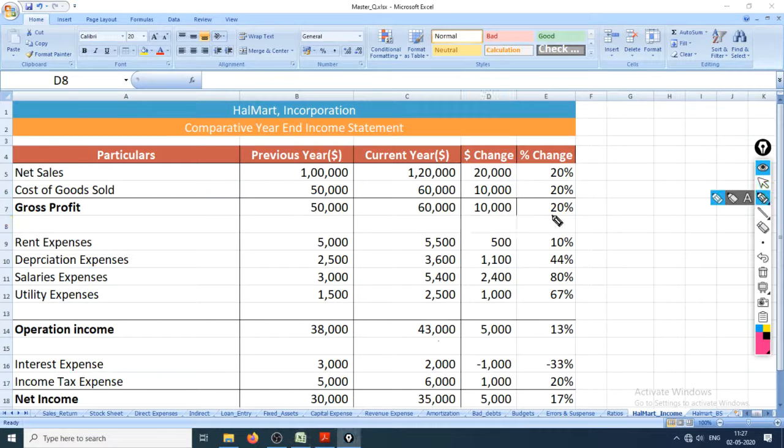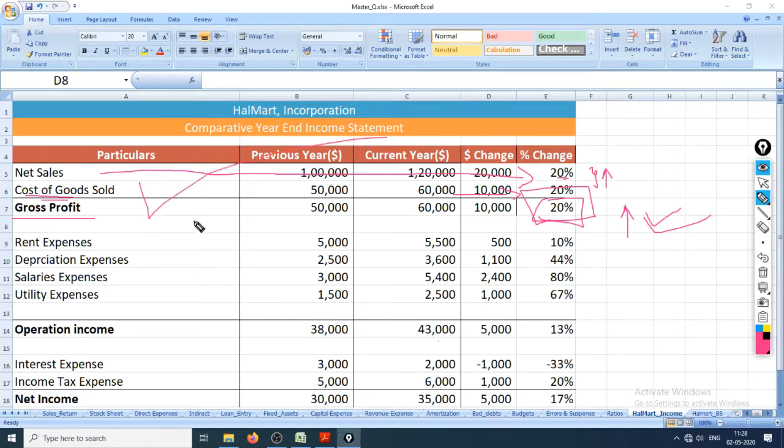The basic trends show there is an increase in net sales from the previous year of 20%. There is an increase in cost of goods sold, also 20%, in line with net sales, and hence the gross profit is also increased by 20%. Pretty much acceptable because these are consistent. So this column looks okay.